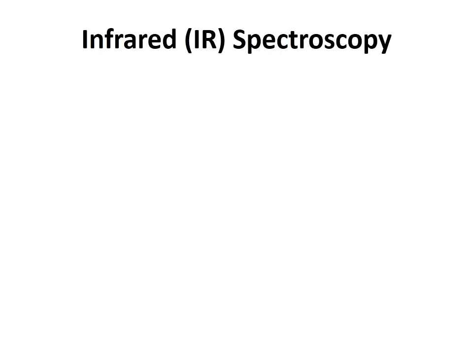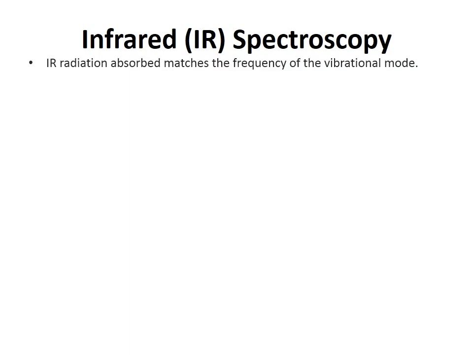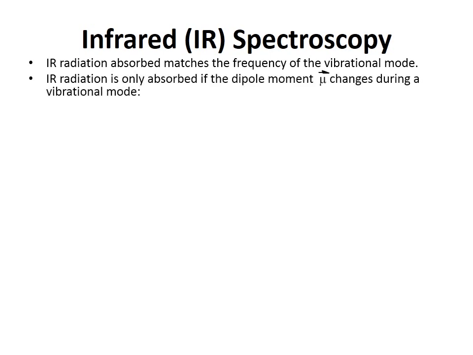Well, we just saw a couple of vibrational modes for the molecule formaldehyde. IR radiation absorbed by a molecule matches the frequency of that vibrational mode. IR radiation is only absorbed if the dipole moment mu changes during a vibrational mode.